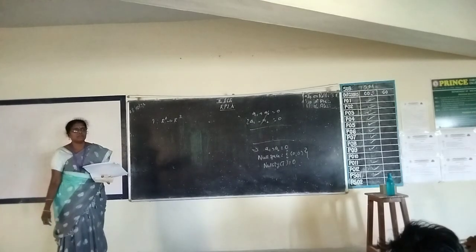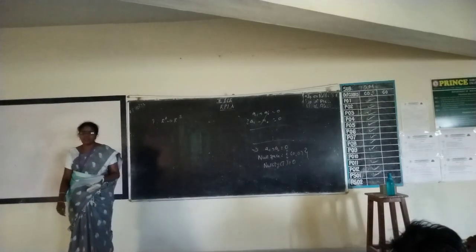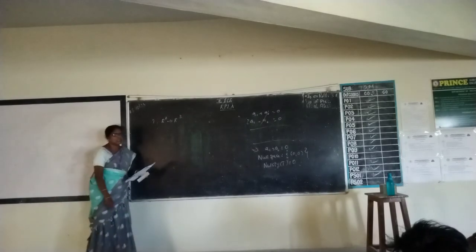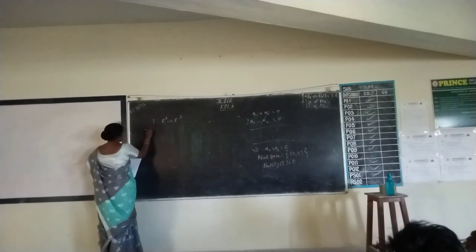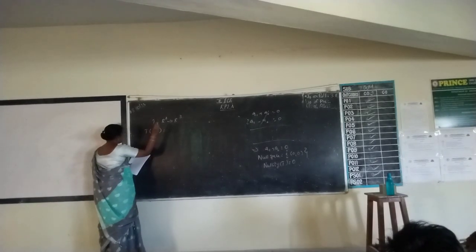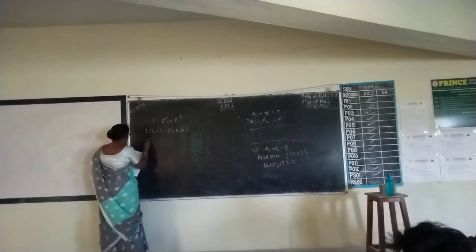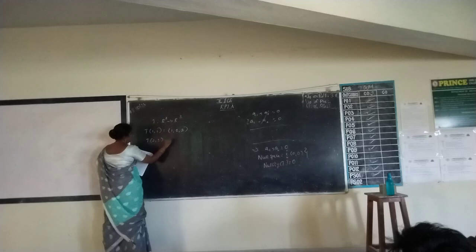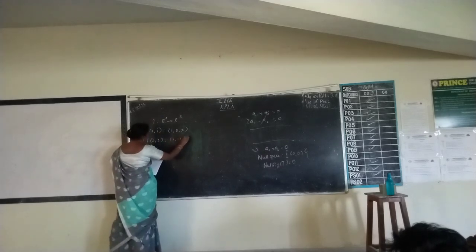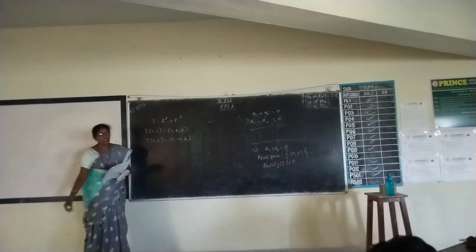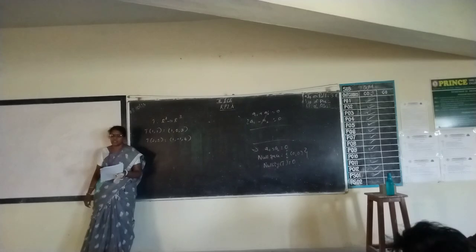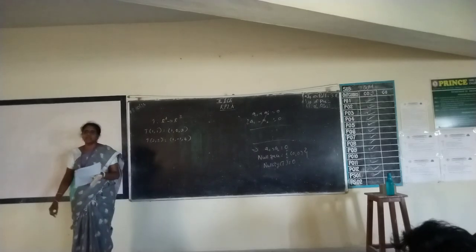Note down everyone. Note down the question. Yes, a linear transformation such that T of 1 equal to 1 0 2, T of 2 3 equal to 1 minus 1 4.